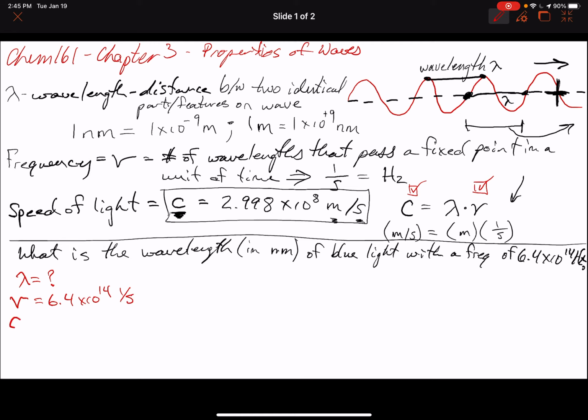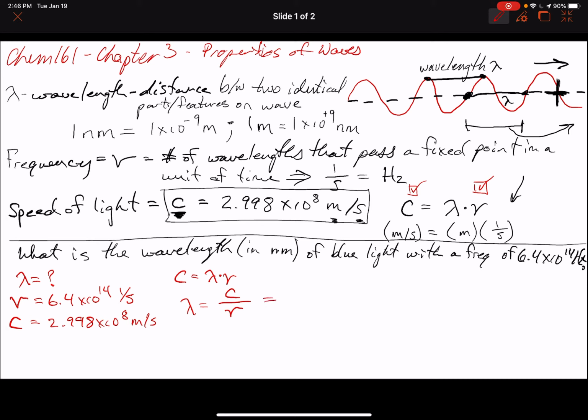And we also have memorized the speed of light to be 2.998 times 10 to the power of 8 meters per second. And so c is equal to lambda nu, and it follows therefore that lambda is equal to c divided by nu.